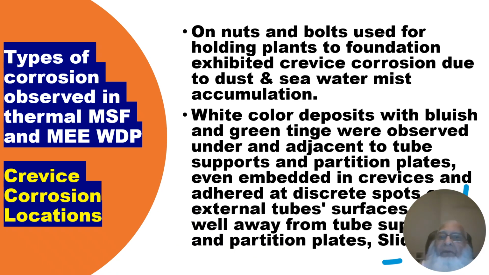White color deposits with a bluish and green tinge were observed under and adjacent to tube supports and partition plates, even embedded in crevices and adhered at discrete spots on external tube surfaces, well away from tube supports and partition plates as shown in the slides. When we get to those slides, they will clearly show what we are talking about.